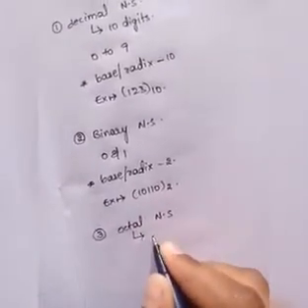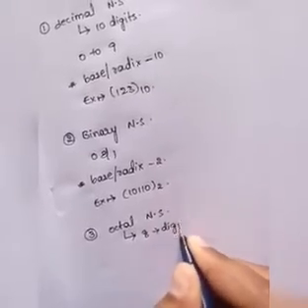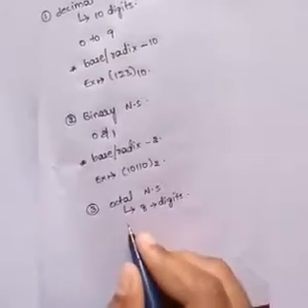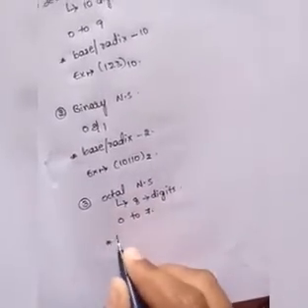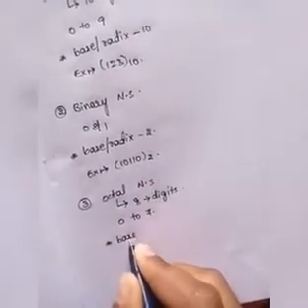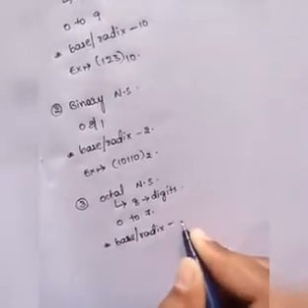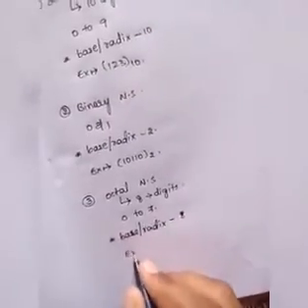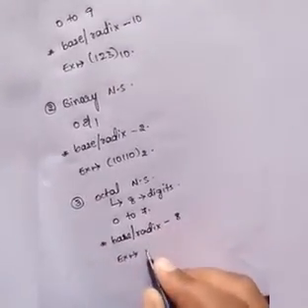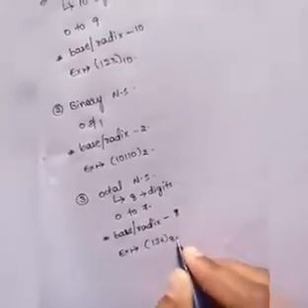The octal means 8. So it has 8 digits 0 to 7. Base or radix is 8. Example for octal number system is 136 to the base 8.